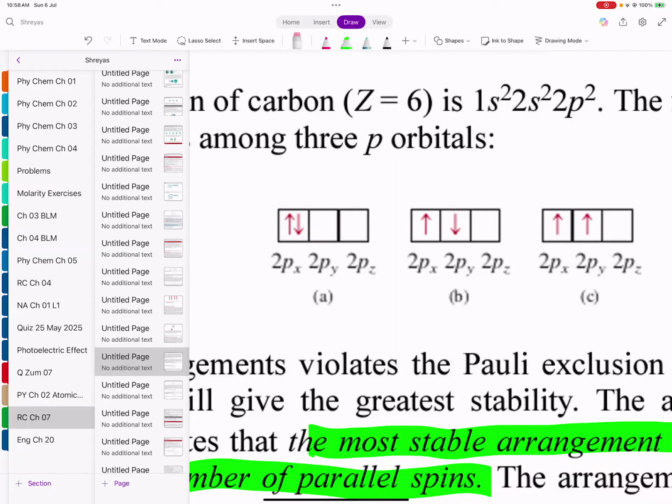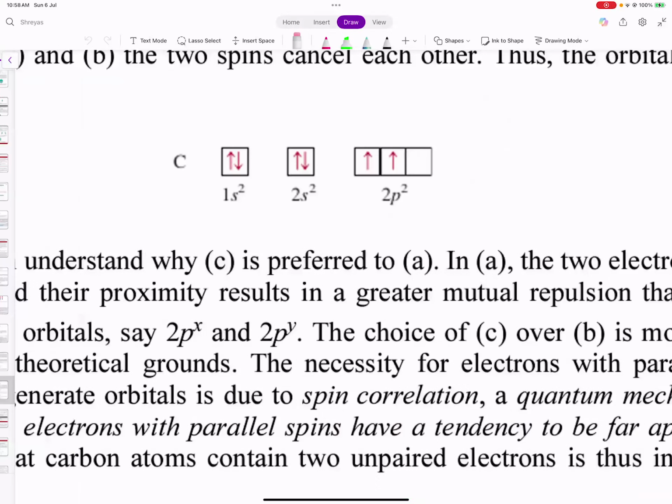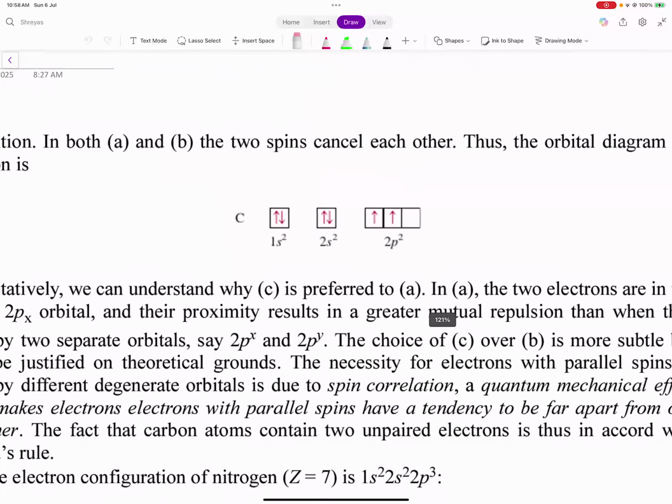In the second, again one is up, one is down. So in the first there is no parallel spin, and in the second also there is no parallel spin. In the third there is parallel spin. That is the meaning of parallel spin. So while we are filling, we fill it like this.